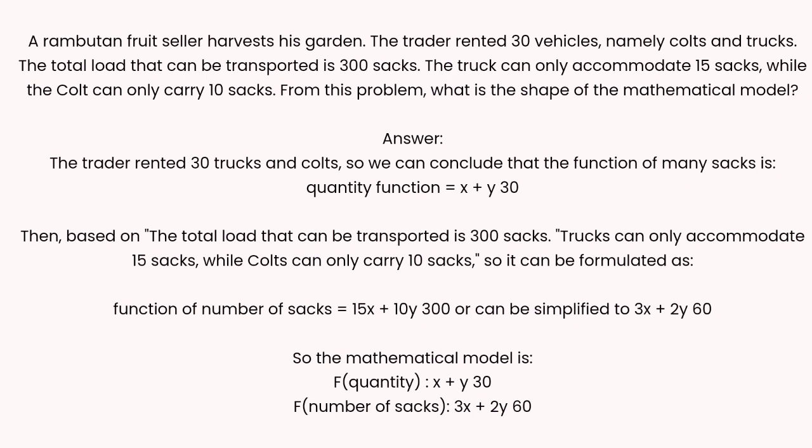So the mathematical model is f of quantity: x plus y equals 30, and f of number of sacks: 3x plus 2y equals 60.